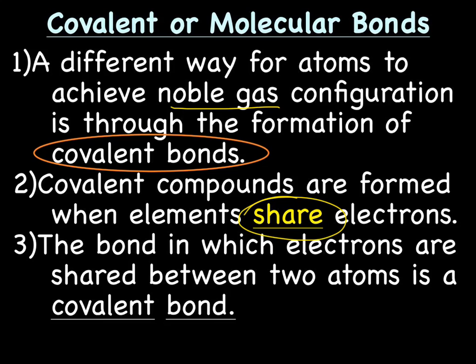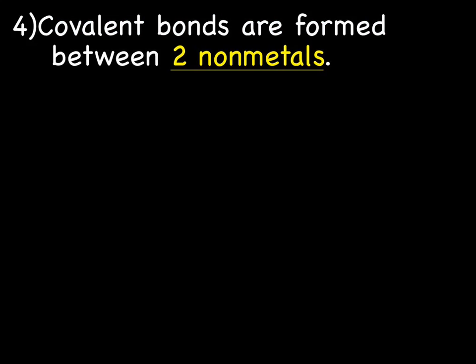And that, again, is a covalent bond. And covalent bonds are formed between two non-metals. So like chlorine and chlorine, oxygen and chlorine, sulfur and oxygen, two nonmetals. Remember the jaggedy line? Two guys that are on the right side of the jaggedy line.